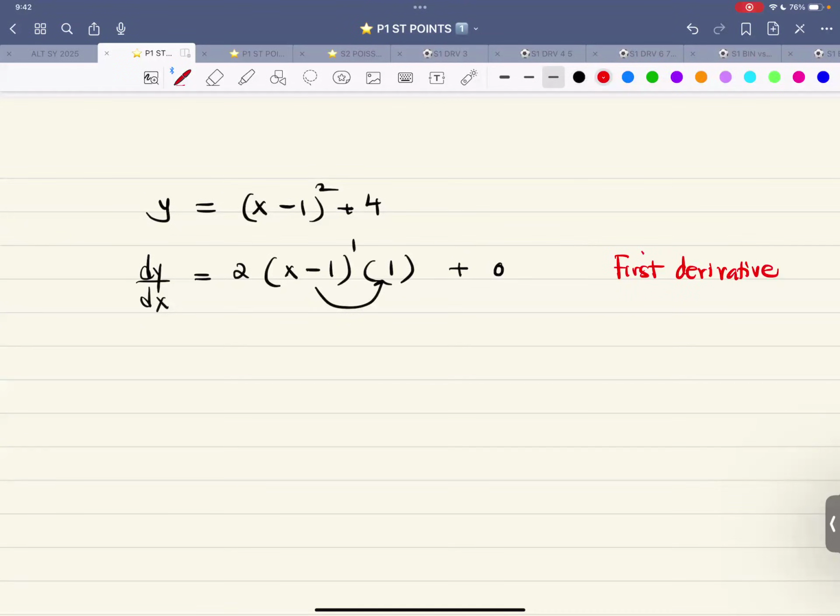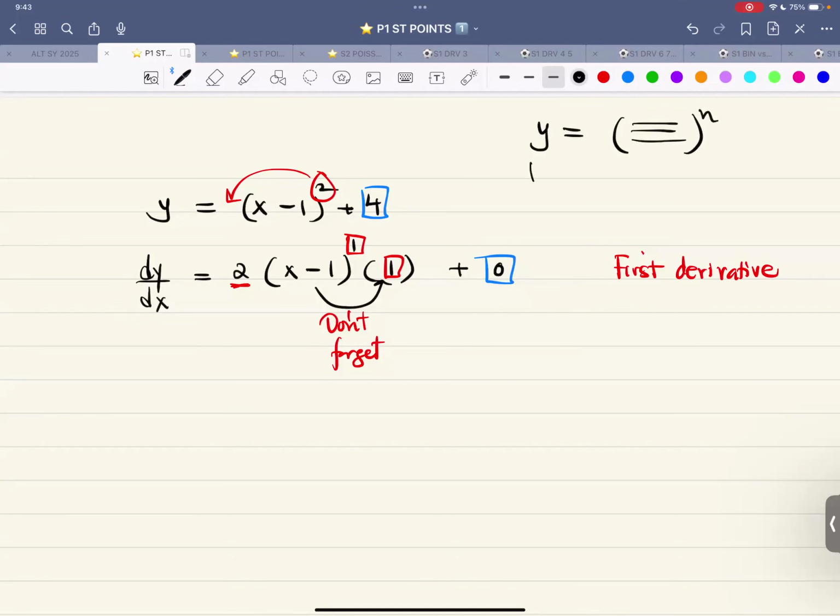And this is obtained using the chain rule. Power comes down, bracket remains as it is, power reduces by 1. Don't forget to multiply by the derivative of the bracket, which is 1, and the derivative of this constant is 0. Let me also write the chain rule over here. y is equal to something in brackets raised to the power of n.